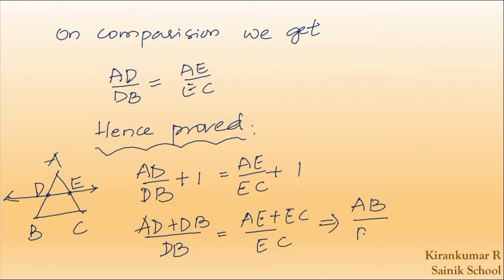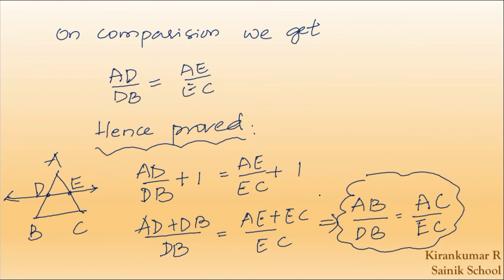AB by DB equals the sum of AE plus EC, which is AC, upon EC. This is one more result obtained from the basic proportionality theorem. This new result obtained is a corollary.